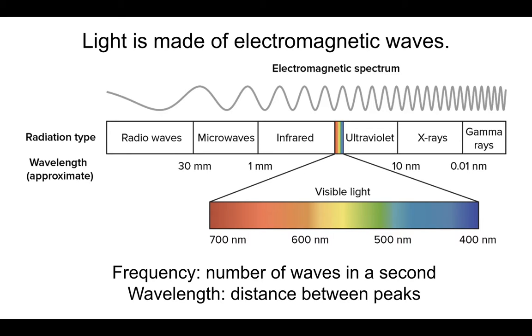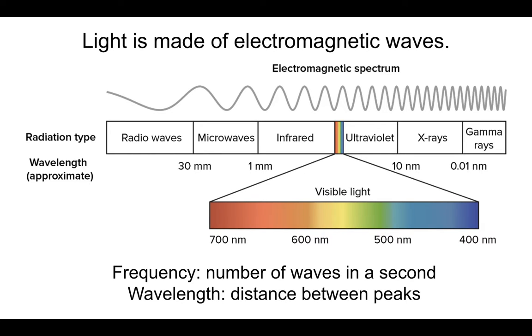It's just a tiny little sliver of all that's available out there. From radio waves to gamma rays, most of the light in the universe is in fact invisible to us. The electromagnetic spectrum is the term used by scientists to describe the entire range of light that exists.